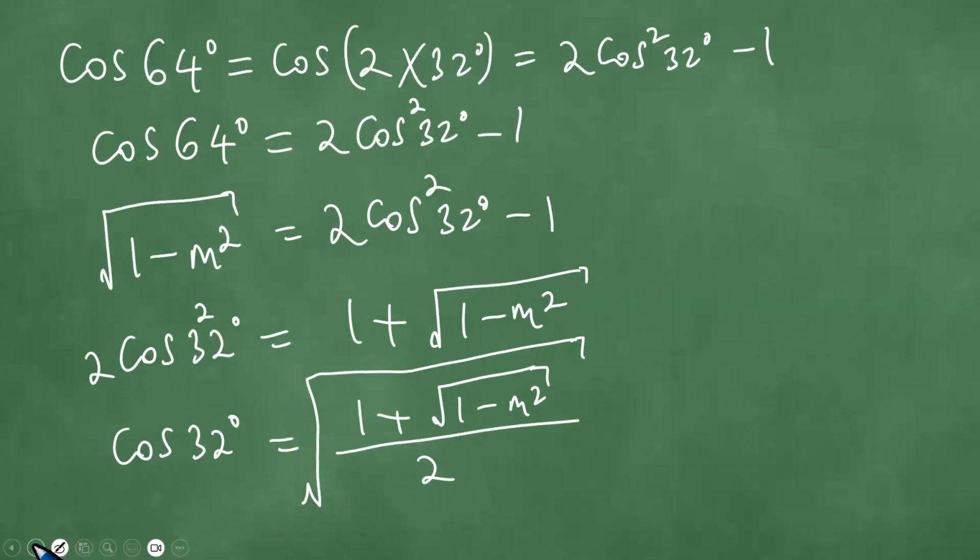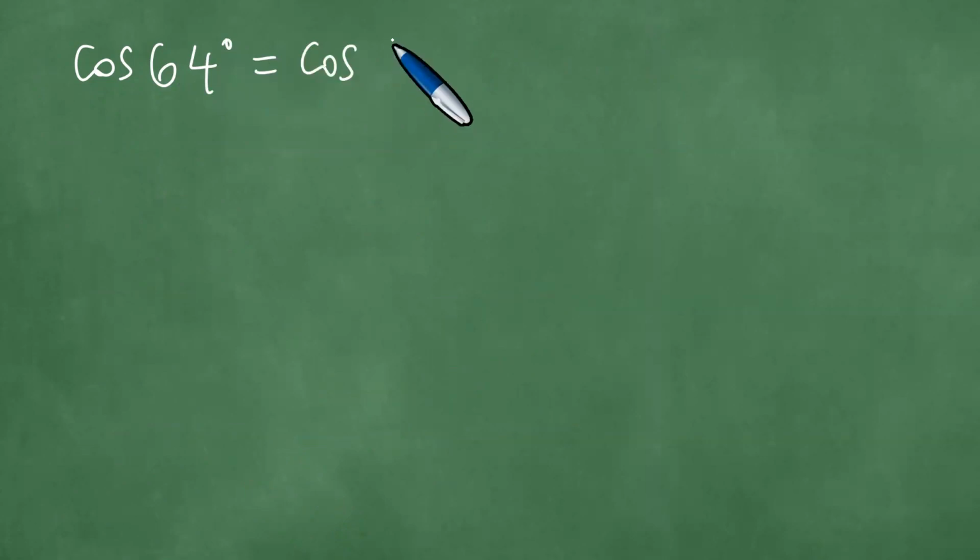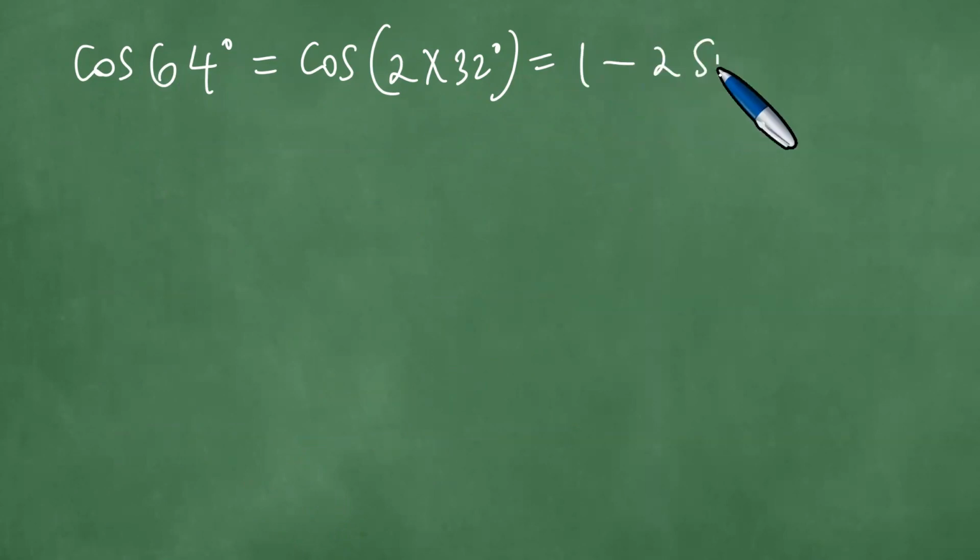Next, we find the sine of 32 degrees. We also note that cosine of 64 degrees, where 64 is 2 times 32 degrees, using double angle expansion, is 1 minus 2 sine squared of 32 degrees.